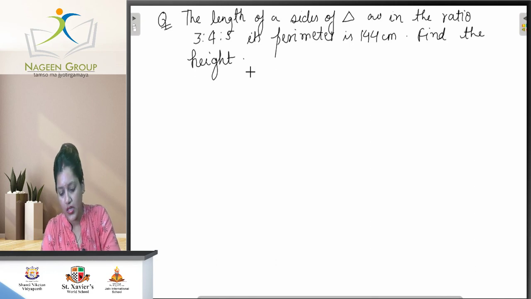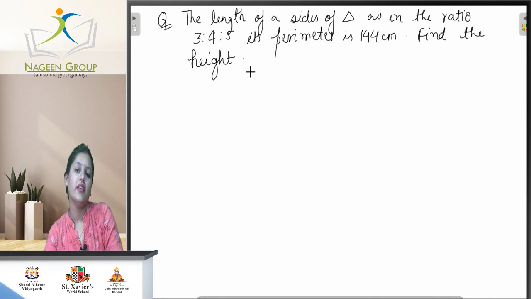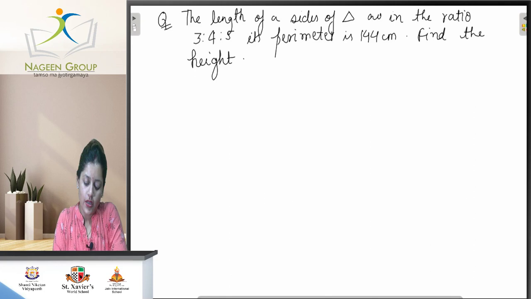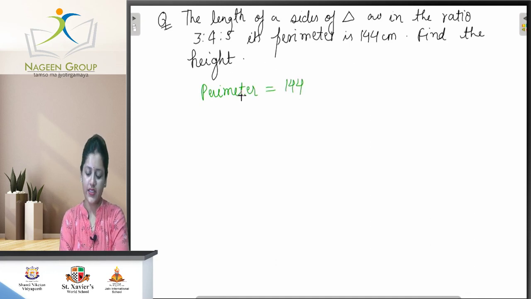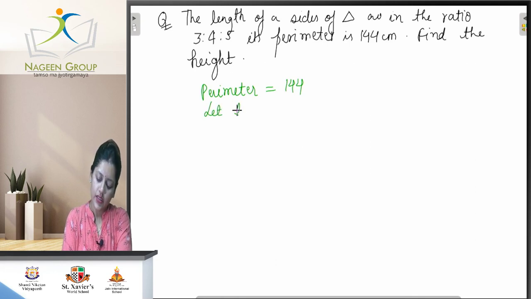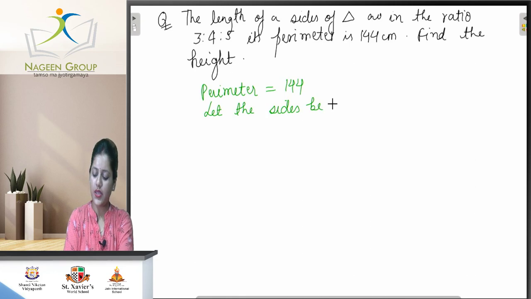So first of all, what is given? The perimeter is given. So the perimeter is 144. Let the sides be 3x, 4x, 5x.